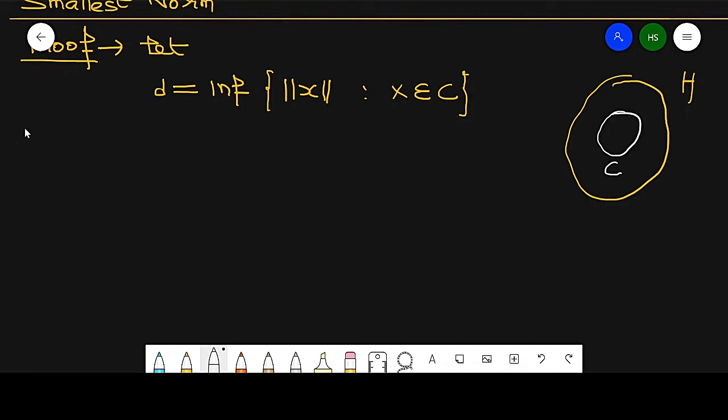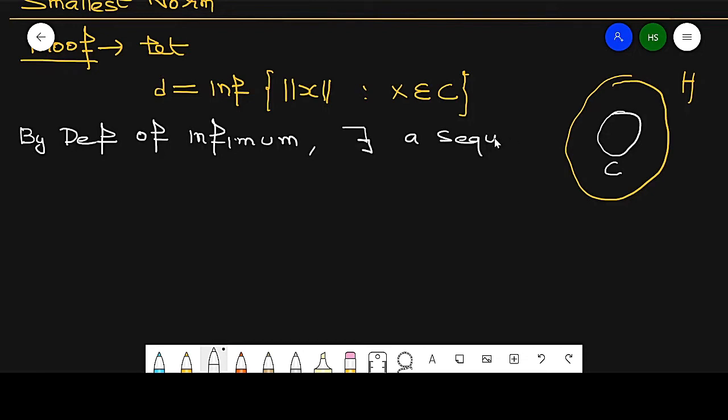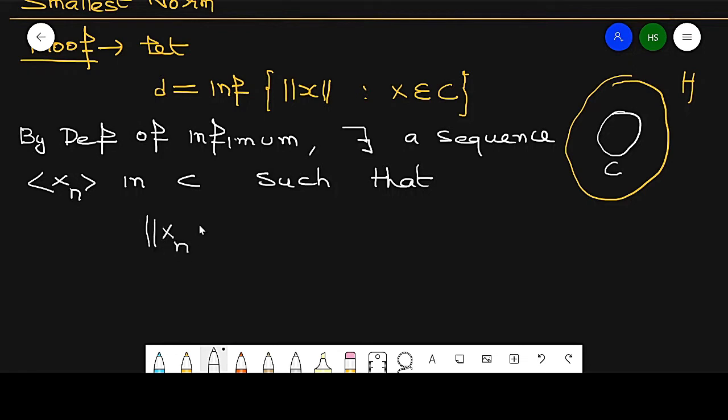So this is d, which is given. Now by definition of infimum, there exists a sequence, say x_n, in C such that norm of x_n approaches d as n approaches infinity.